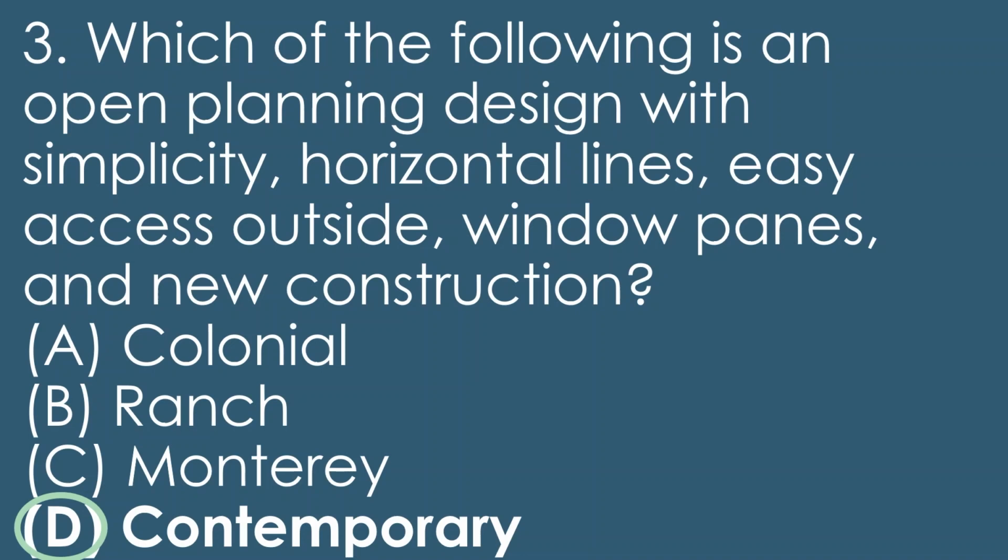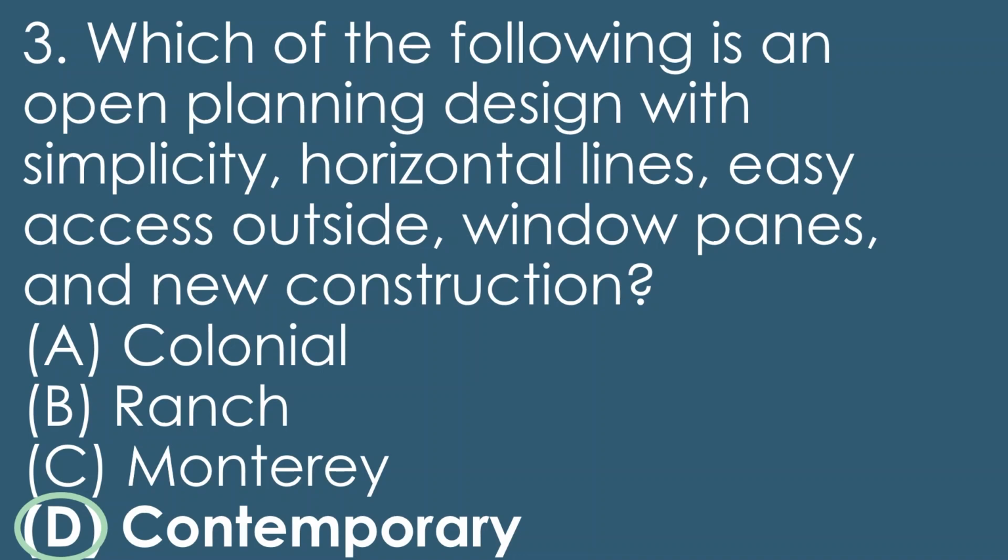Colonial, ranch, Monterey are very distinct types of styles. Contemporary is more modern, simplistic, very outside-driven, with large windows, lots of light, newer homes. Those are the key terms you need to know when it comes to contemporary style in architecture and homes.